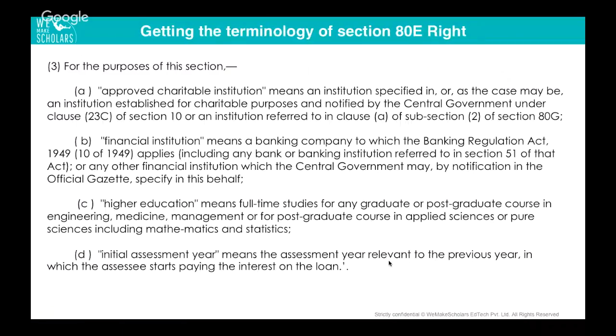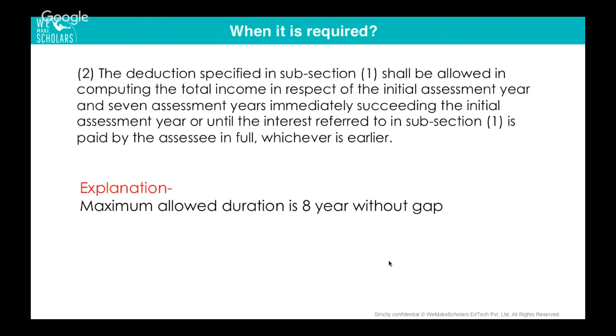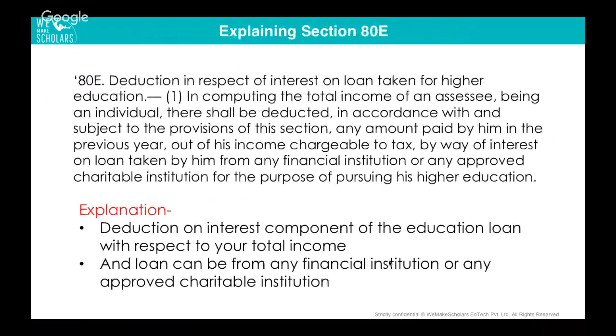Now I hope this is clear. Let me summarize it once again. There are four things you learned. One, it is only on the interest component of your education loan. Second, it is with respect to your total income. So if you're in the tax bracket of 10%, then the rebate exemption is also only 10%.